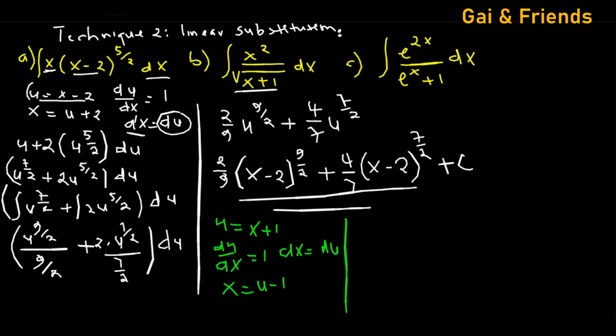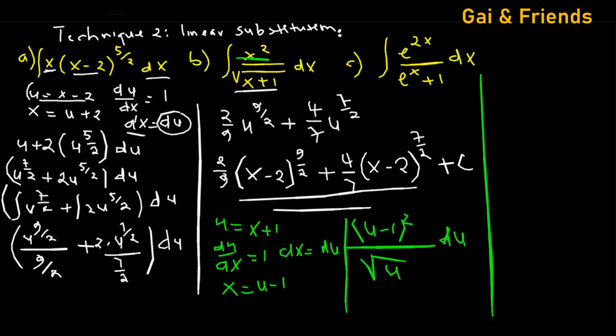If x is u minus 1, then u minus 1 will be squared, because here is x squared, out of u under root du, because now our dx is du. So now you need to simplify this.